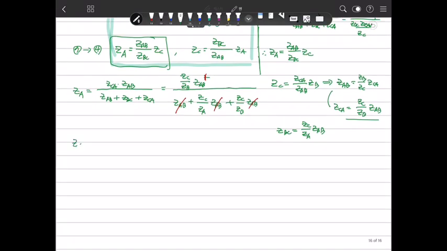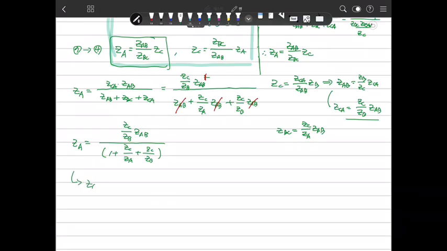Therefore, GA is 1 plus GA, GC plus GB, GC and GB, GC, GAB.